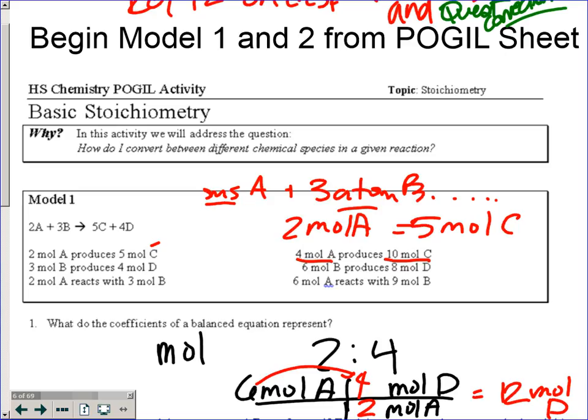All right, so connect these two now. Connect them now. And put BCE, meaning balanced chemical equation, mole ratios. And the mole ratios are just the coefficients. So this is the only new piece we're learning today.